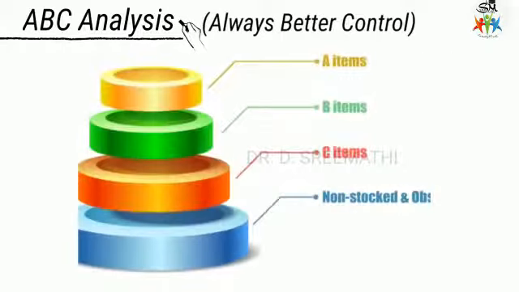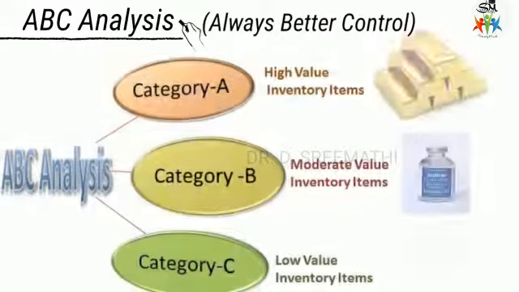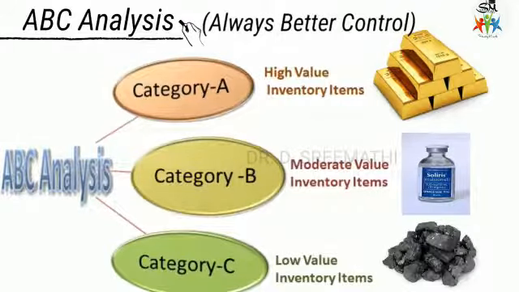But at the same time see the category C materials, which are required in huge quantities, but the value of the material is very less. Say for example, the coal which is used in huge quantities, but comparing to the other materials in an industry, the coal material cost is very less.